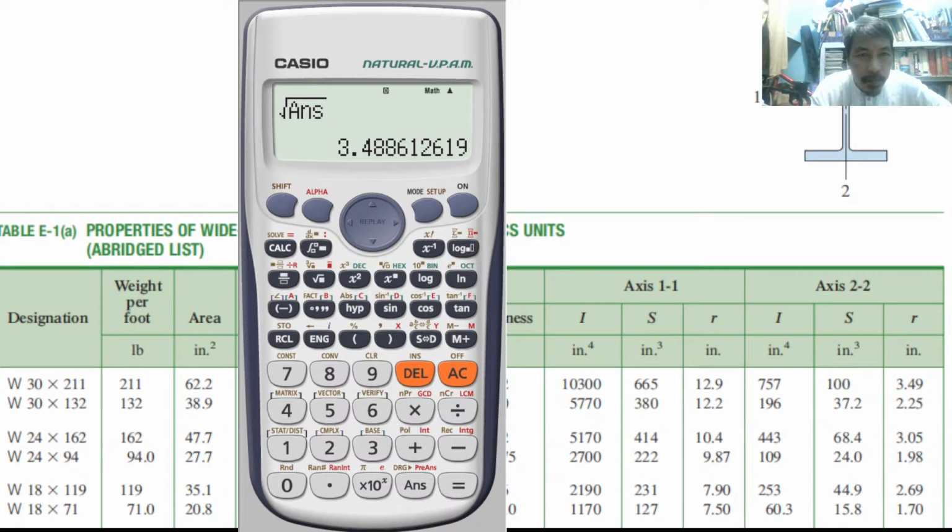As you can see, we have the steel columns beside our building.